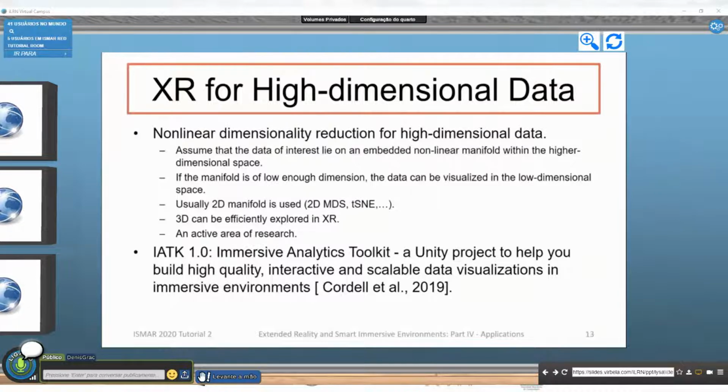Basically, these methods function because most of the data is relatively low dimensional in its intrinsic dimension. But if we reduce it to too low a dimension, to 2D, for example, we will have many false neighbors.